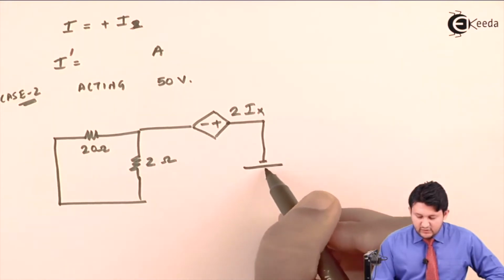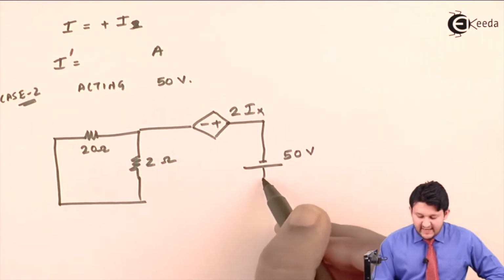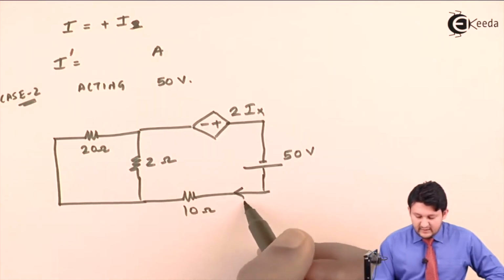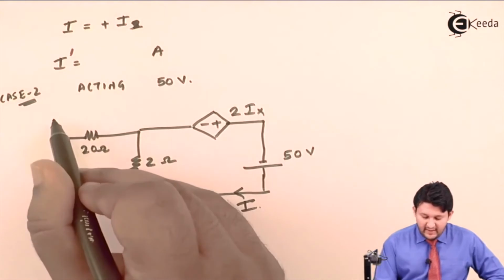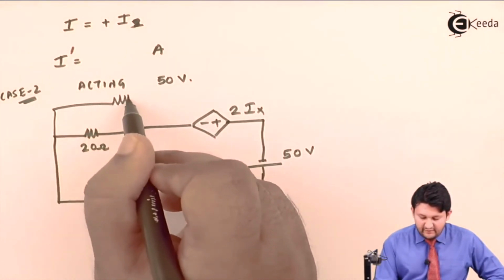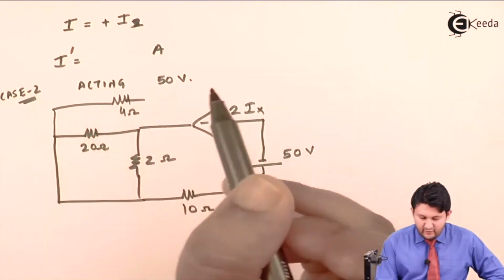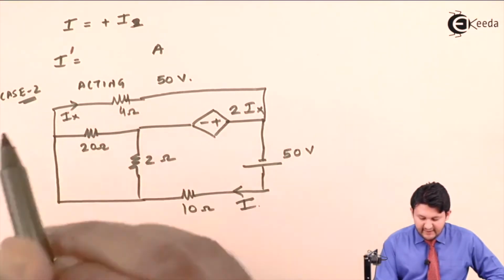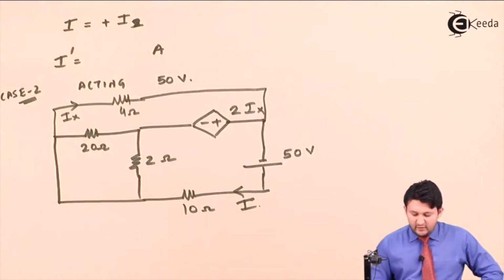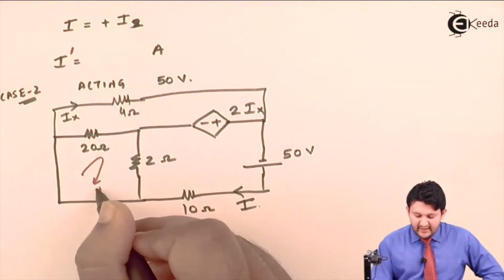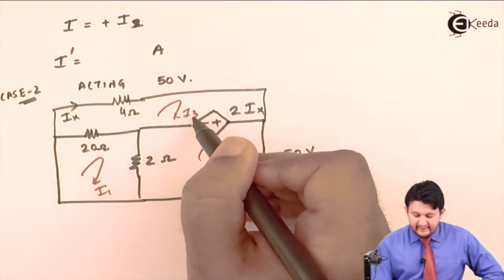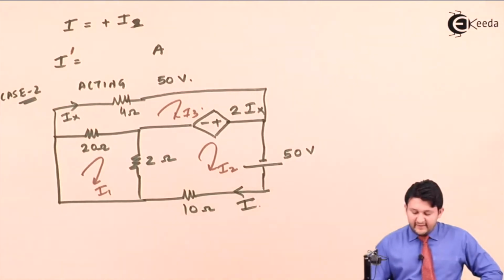Again a dependent voltage source, which is acting in this current circuit, having a resistance of 10 ohms, the current I which you need to find out, and again having a resistance of 4 ohms, and the current Ix is depending over here. Since there are 3 meshes, you consider 3 unknown currents, I1, I2 and I3. Again I need to find the current value for I, so let's do it, my dear friend.